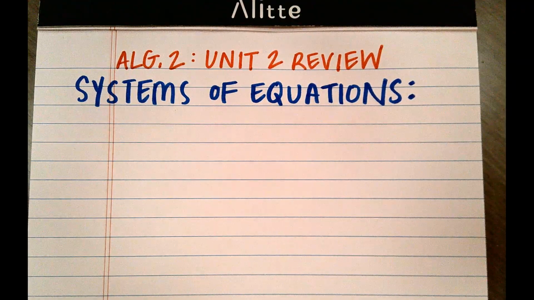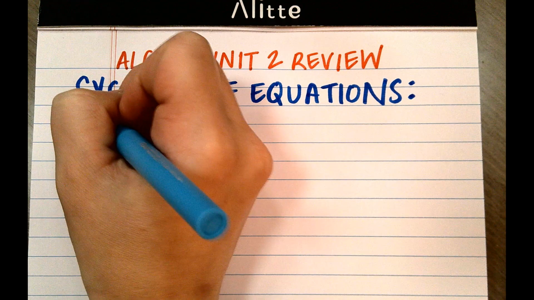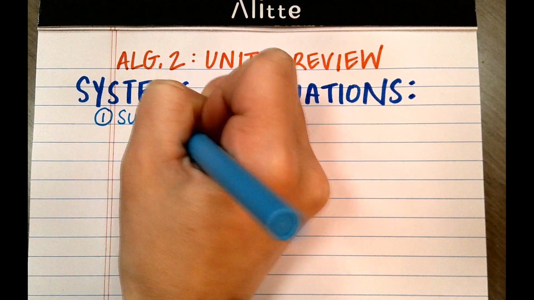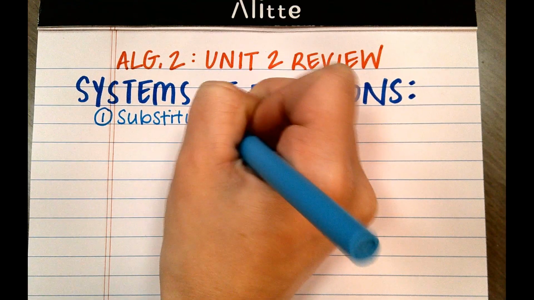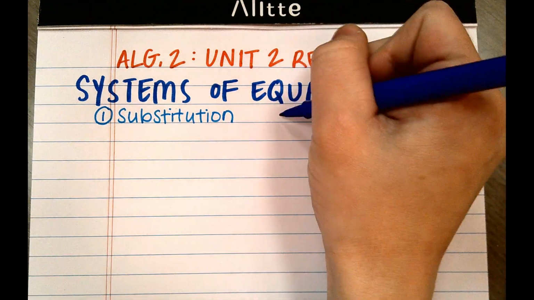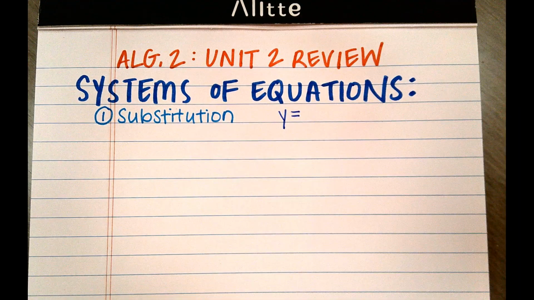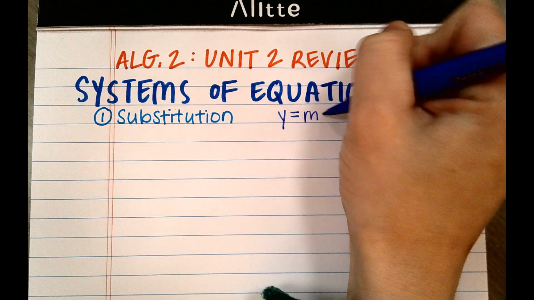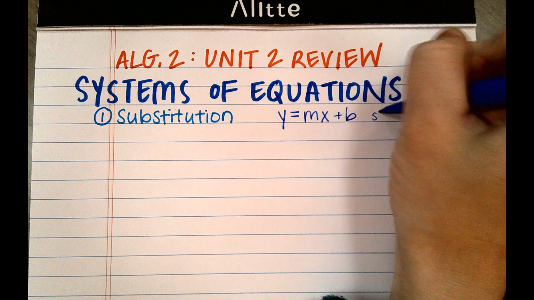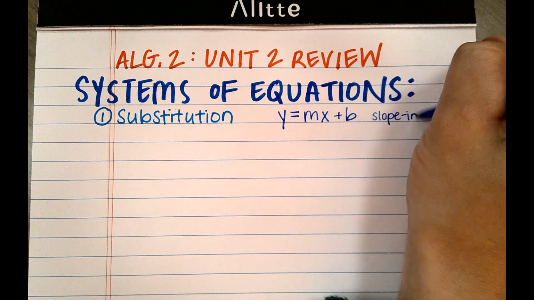The first one that I taught you, I believe, was substitution. So we're going to start with that one. Substitution is the method that we like to use whenever one equation is written in slope-intercept form. If you don't remember what that means, it's whenever it starts with y equals mx plus b. Right over here, slope-intercept.